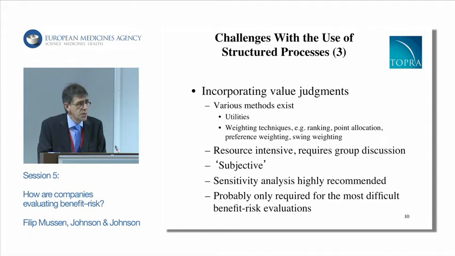Very simple things may sometimes just make thinking explicit and lead to a common understanding of what benefits and risks are really important, and which are the ones that can be more discounted within the overall benefit-risk decision.